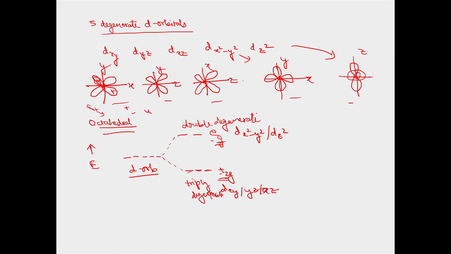If it's triply degenerate, then the T term comes. If it's doubly degenerate, then the E term comes. For a non-degenerate one, the A term comes. And G and U depend on whether the center of symmetry is present or not. If it's present, then it is G. If it's not present, then it is U.